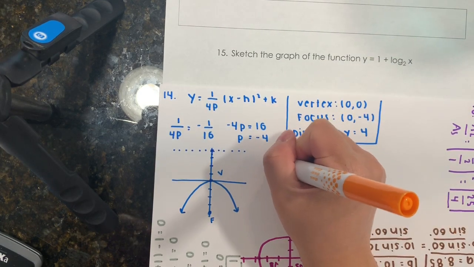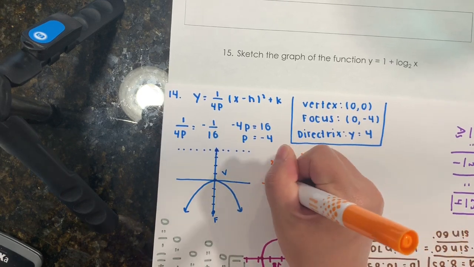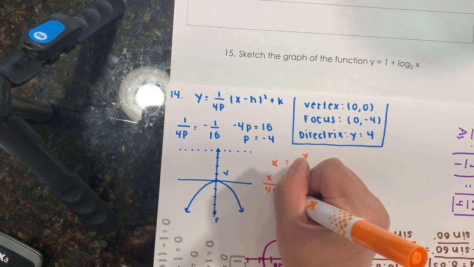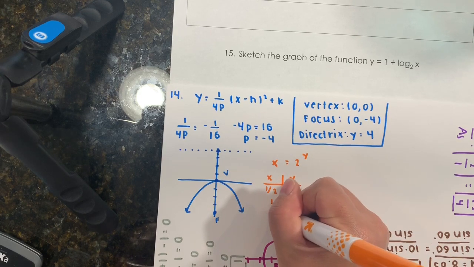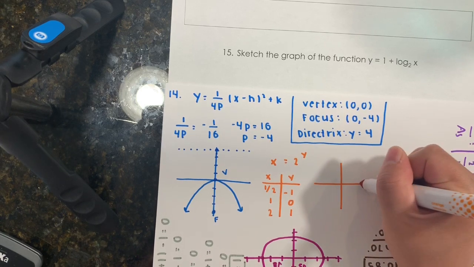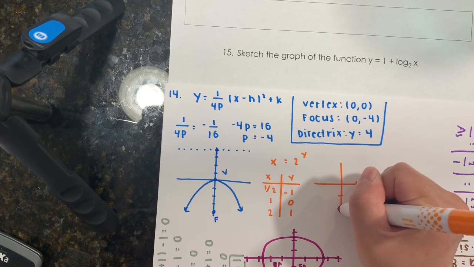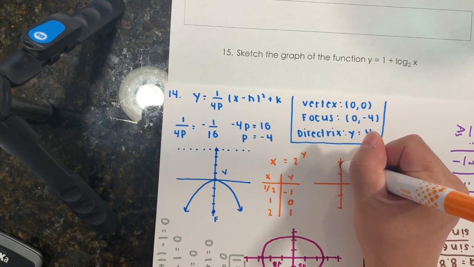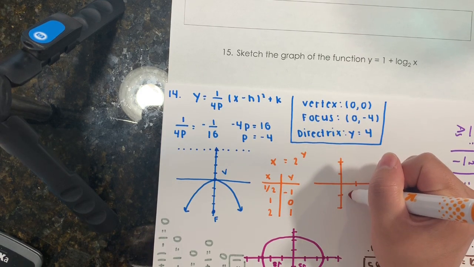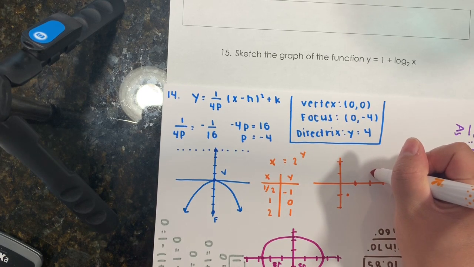So if I graph x equals 2 to the y, negative 1, 0, and 1. 2 to the negative 1 is 1/2. 2 to the 0 is 1. 2 to the 1 is 2. So if I graph this, I'm going to go over 1/2 down 1, over 1 up 0, and then over 2 up 1.